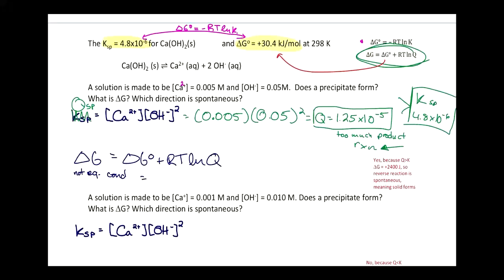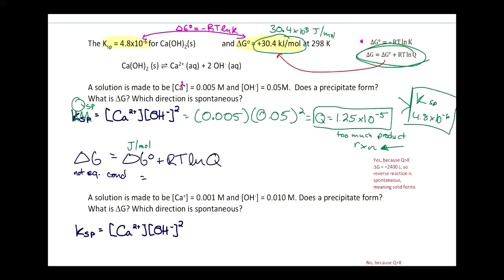So all of this together. And be careful here, because R is in the unit of joule per mole Kelvin, so delta G naught needs to be in the unit of joule per mole. But notice right here it's in kilojoules per mole. So do make sure that everything is in joules. So this is 30.4 times 10 to the 3 joule per mole.